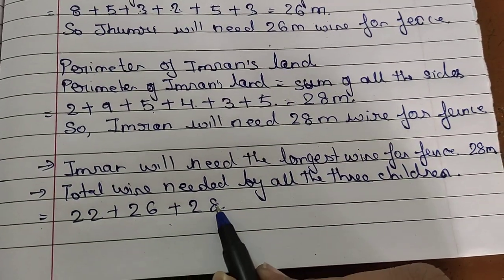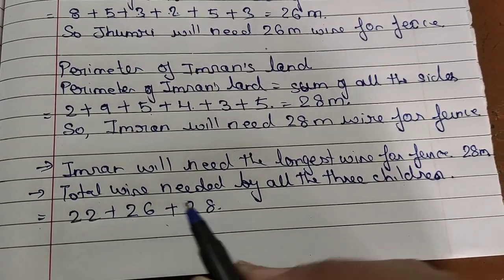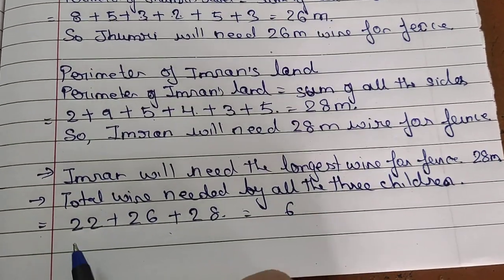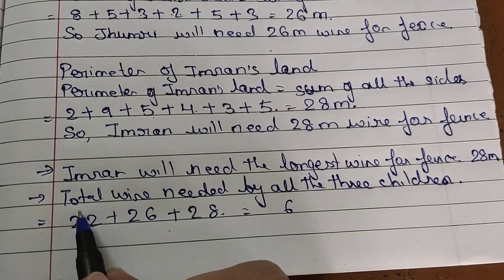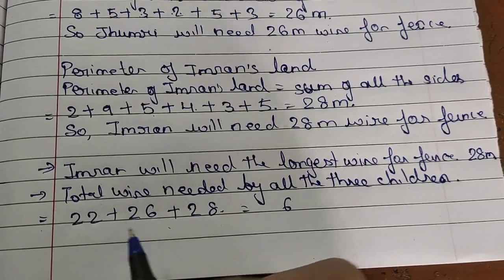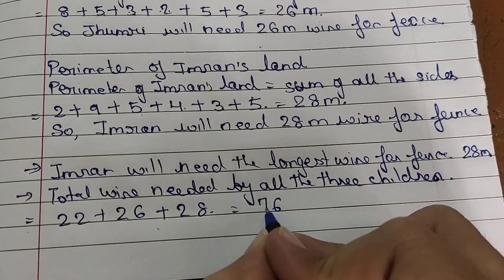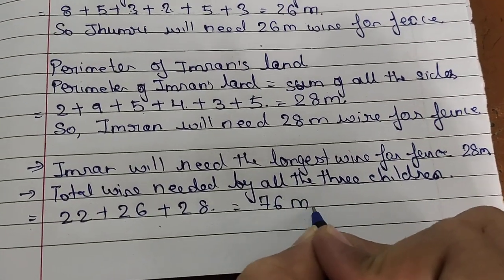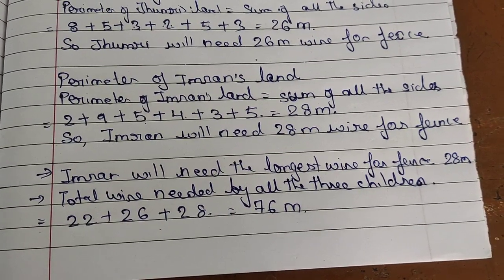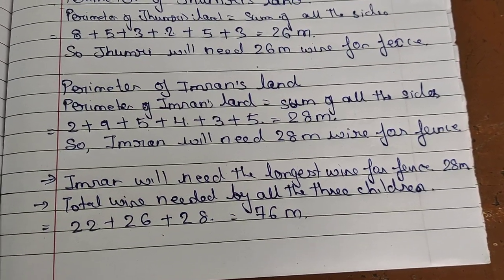2 plus 8, 10. 10 plus 6, 16. 16 plus 1 carry, 3 plus 2 is 5, 5 plus 2 is 7. So 76 meter wire is needed. Total wire needed by all the three children is 76 meter.